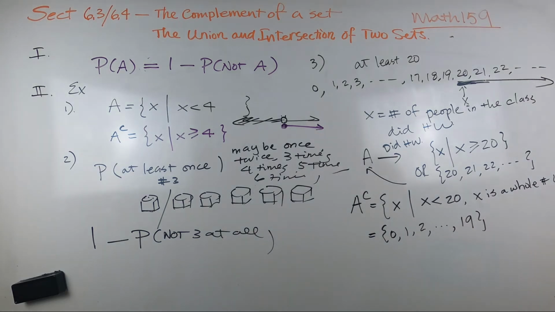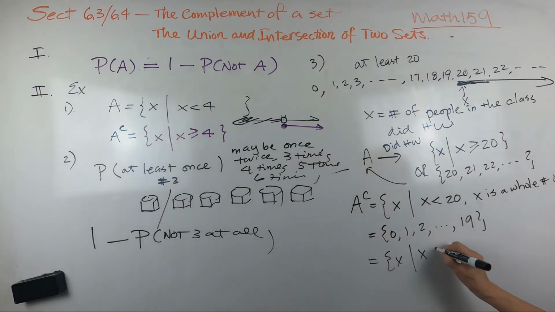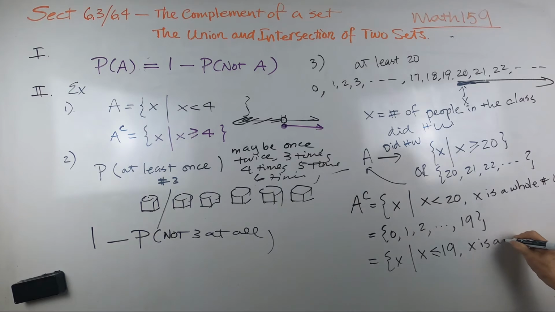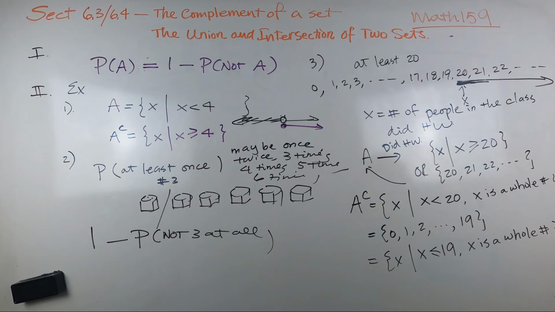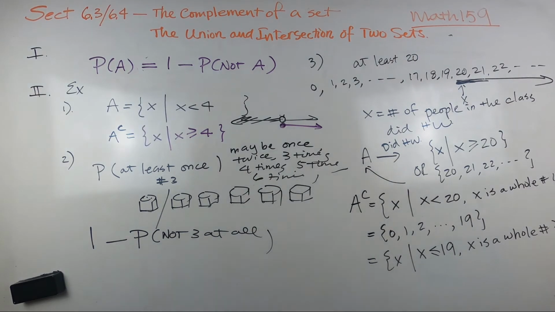We can do it that way, or we can show X less than or equal to 19, where X is a whole number. Maybe it's easier to just show 0 to 19, or you use the x with set symbol to show the idea as well.